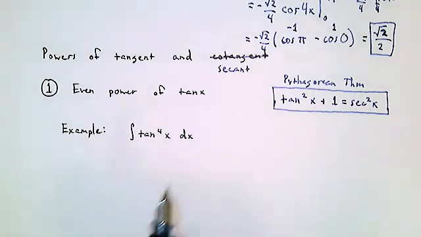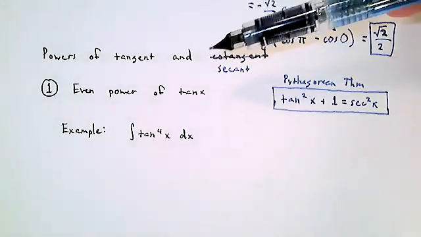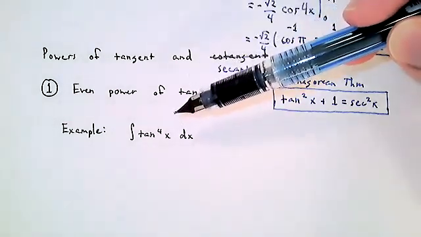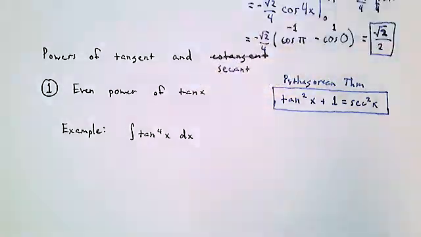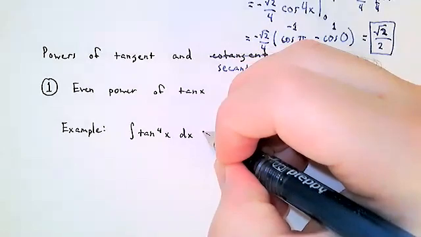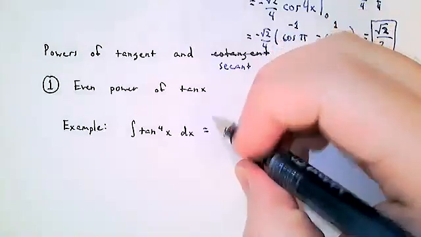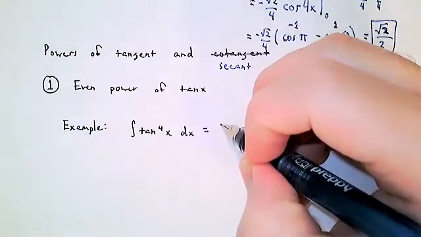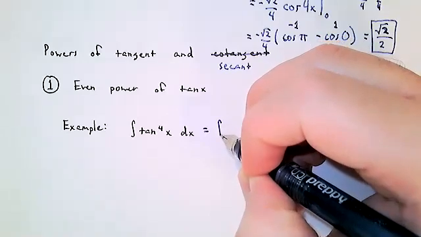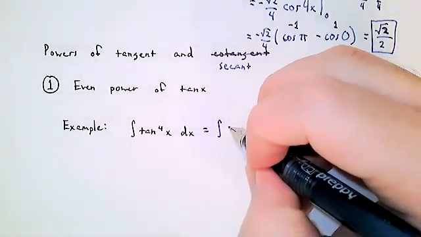Okay, so the first problem, we have an even power of tangent. The idea here on this particular one is to split off a tangent squared and convert it using the formula into a secant squared in this case. You'll see why we might want a secant squared in just a second.